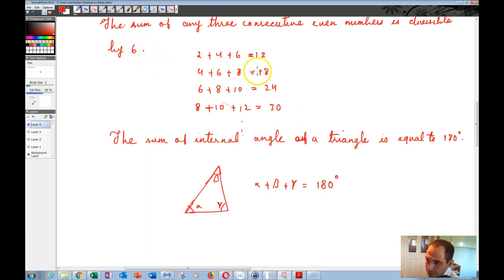But then somebody might come up to you and say, I have actually tested these 3 consecutive even numbers, and the sum of them is not divisible by 6. So of course you can never be sure that what you're saying is actually always true. That's the problem with this kind of verification.